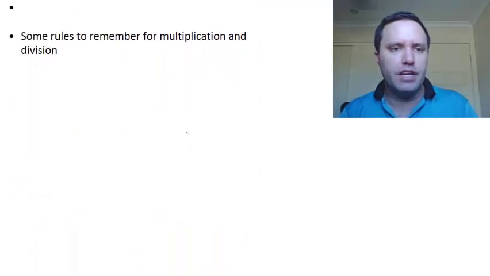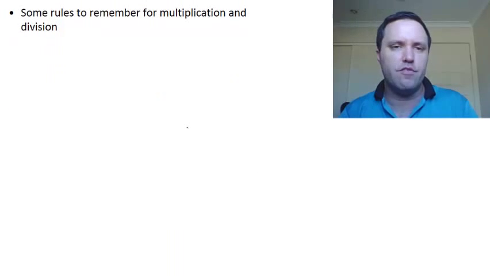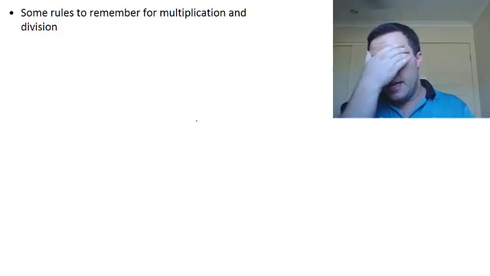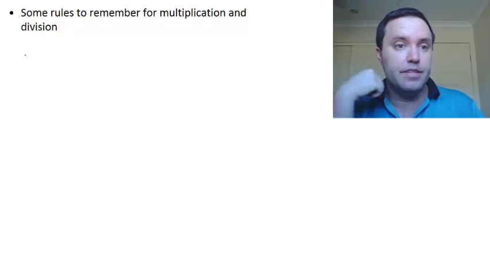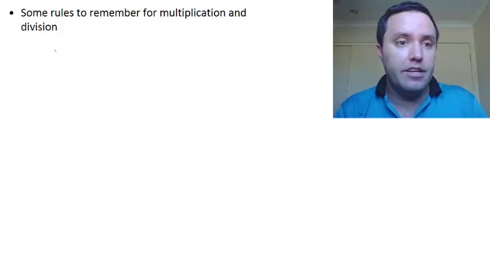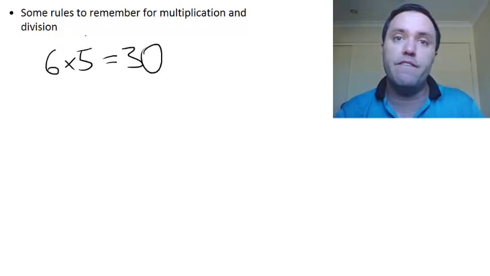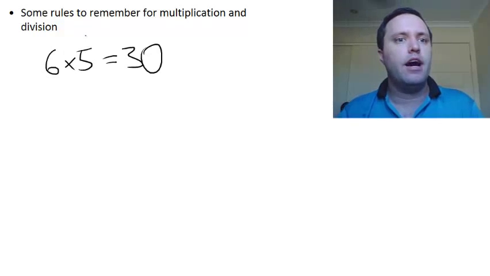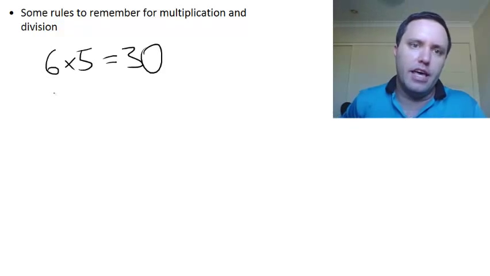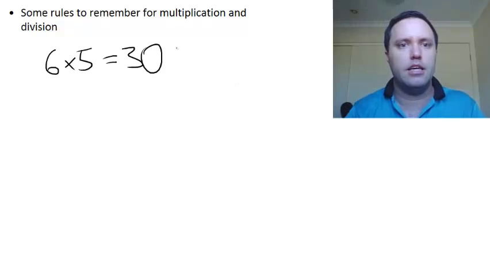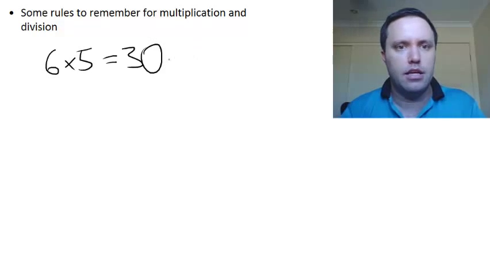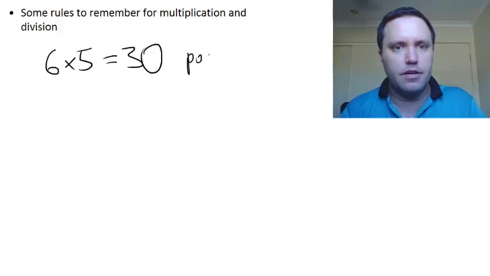Now with multiplication and division, it's probably just better to remember some rules and some ideas. So if we have 6 times 5, that's fine, that's 30, because that's a positive amount of 6 times a positive amount of 5. And so that means we're going to get a positive amount.